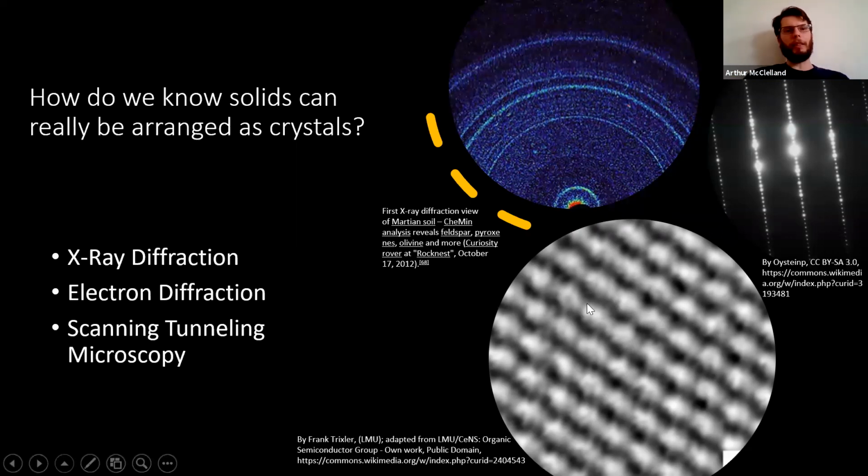And then there's also scanning tunneling microscopy, which lets you image basically the electron density. And here is the lattice of graphene. If you stare at it closely, you can see what the 2D pattern is. I went ahead and penciled in the hexagonal crystal structure to make it a little clearer.